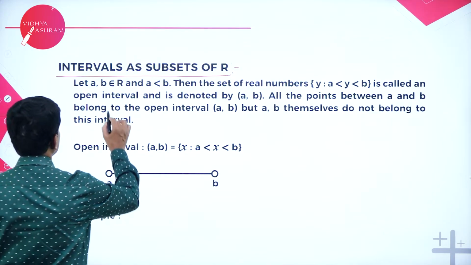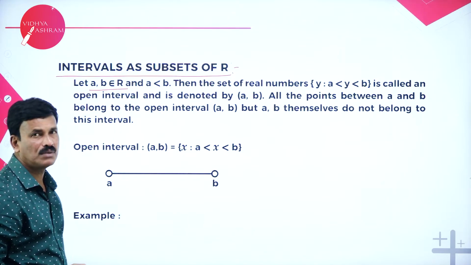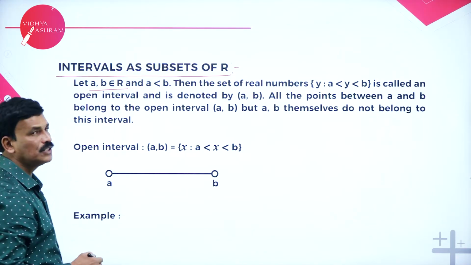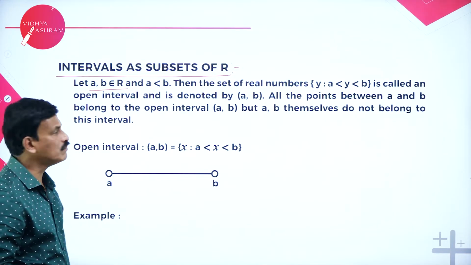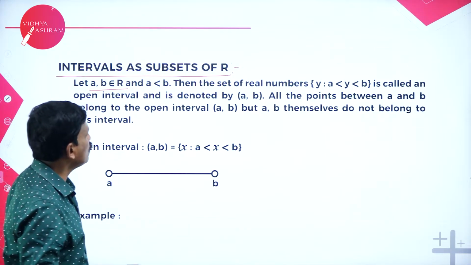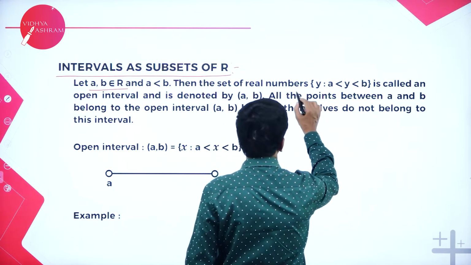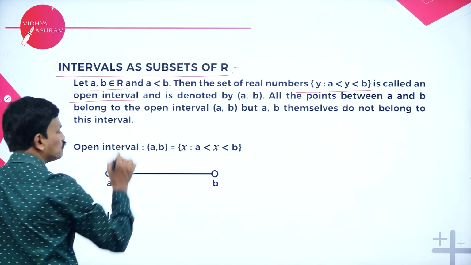Now, let us consider a and b. Let a, b belong to the set of real numbers and a is less than b. That is the condition. Then the set of all real numbers which lie between a and b is called an open interval.